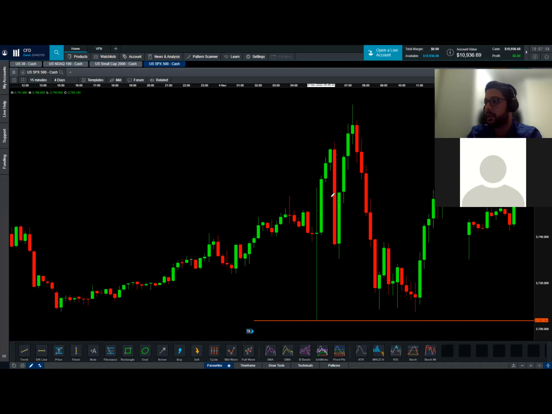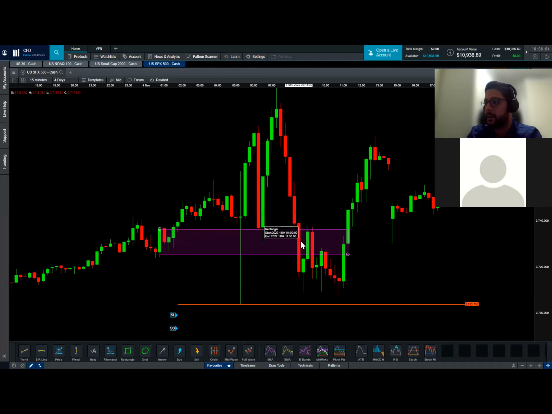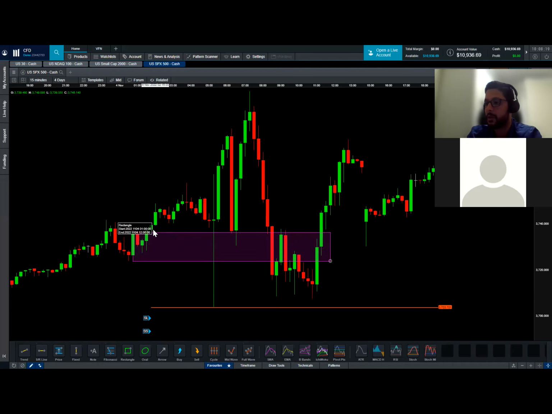Usually this would be a nice secret signal here. So you can buy here, but this ugly candle went all the way down, scares you. But if you put your stop loss here, you wouldn't stop out. Market eventually helps you.